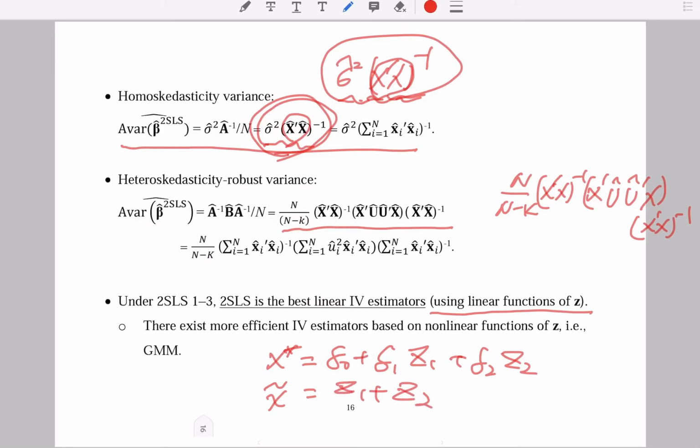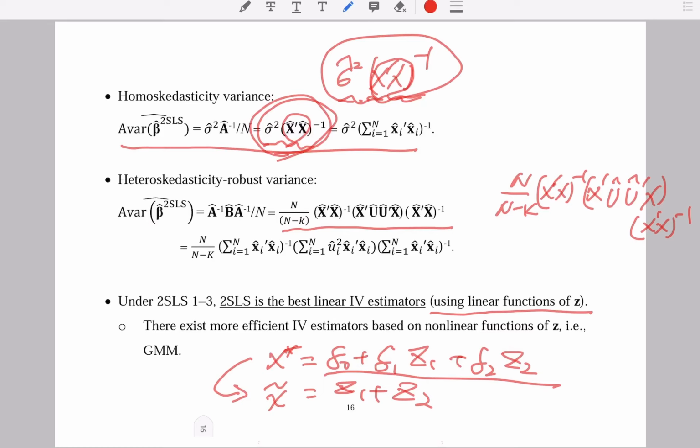This is also a linear function of z, but it is not the linear projection. The efficiency result says using x star will be better than using x tilde. So that's what the efficiency result is saying: two-stage least square uses the linear projection, which is the best linear combination of the instruments.